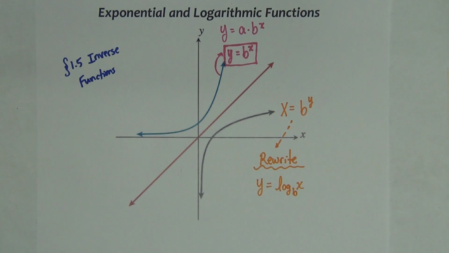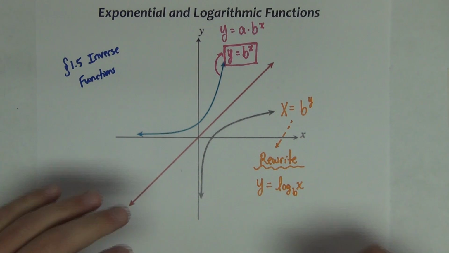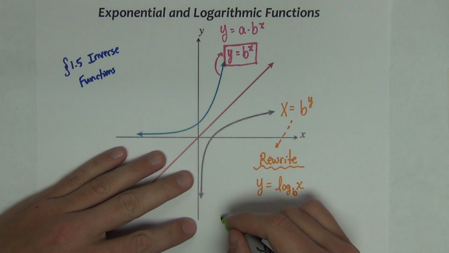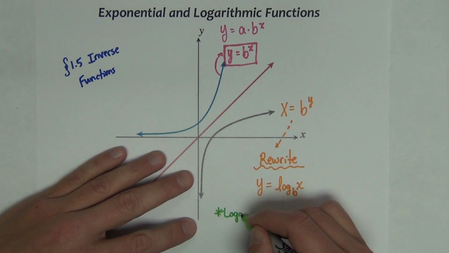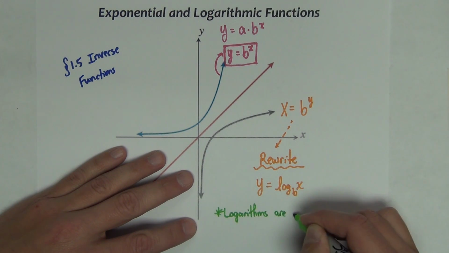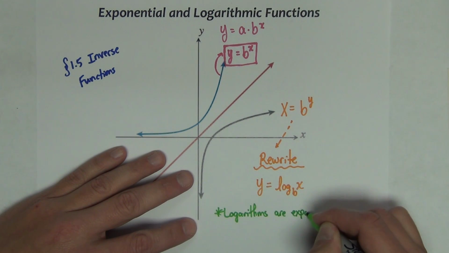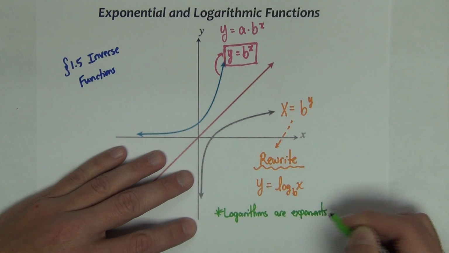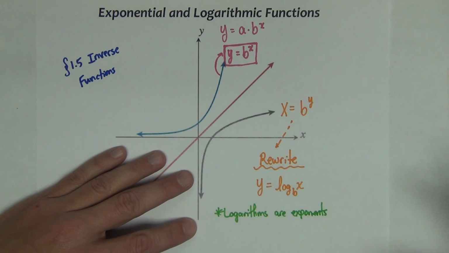It's important to remember that when we are evaluating these logarithms, and I know we've seen them before in an earlier algebra class, so this is not brand new to us, but it's important to remember that logarithms are really just exponents. They're kind of like exponents in disguise.